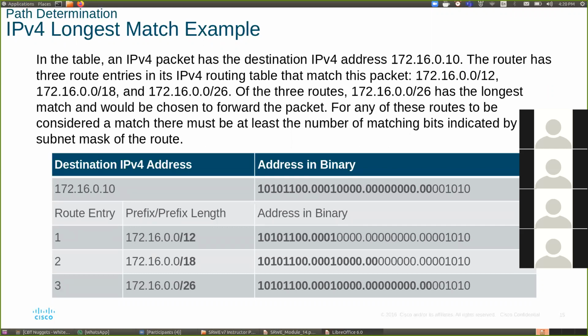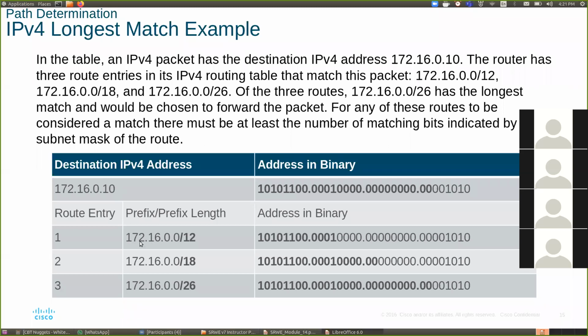So, IPv4 longest match example. This is an example of an IP address, 172.16.0.10. But this IP address is in decimal notation, so the binary notation is represented like this.